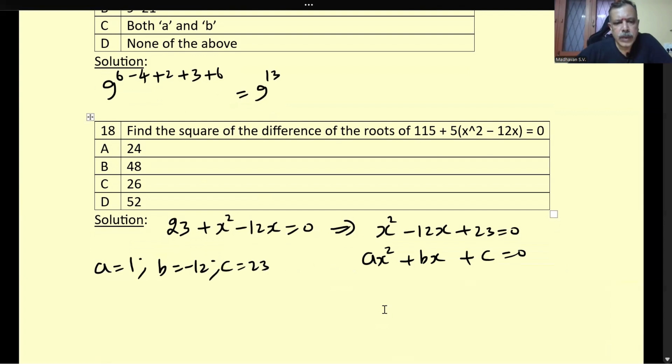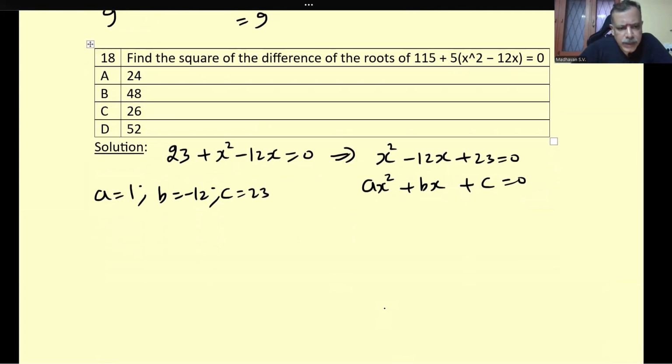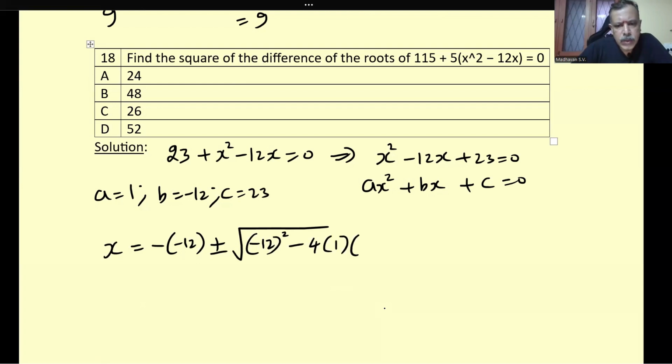Therefore, using the formula for a quadratic equation, x will be equal to minus b, so minus of minus 12, plus or minus square root of b square, so minus 12 the square, minus 4 into a into c, under root whole thing, divided by 2 times a, which is 1.